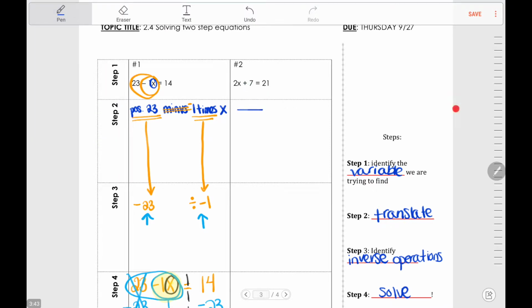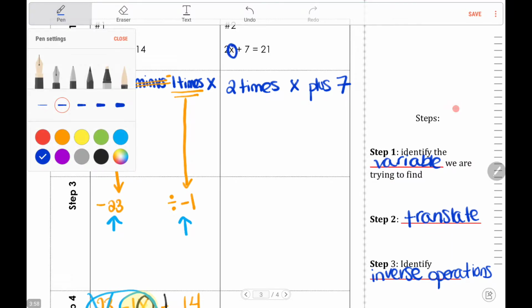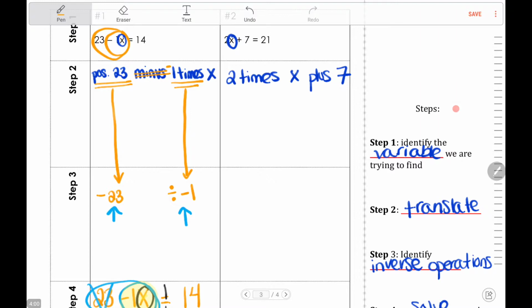So I have 2 times x plus 7. Okay, let's think of this in layers. This is the variable I'm trying to find. The first thing bothering that variable is that 2. Think back to our celebrity example.